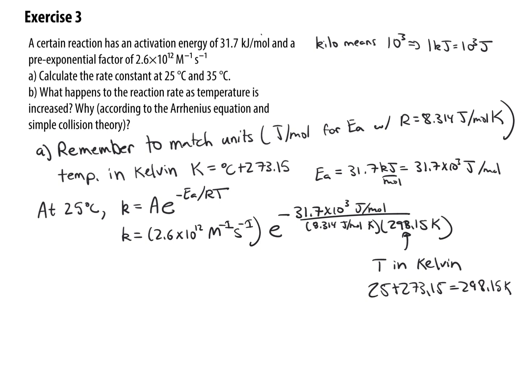It turns out that that temperature in Kelvin, 25 plus 273.15, is 298.15 Kelvin. And again, all of our units do match here. You could go and double check that if you wish. The Kelvin cancels, and then joules per mole on top and bottom cancel as well. Anytime you have something in an exponent, everything inside of that needs to be unitless. So all the units need to cancel, which they do here.